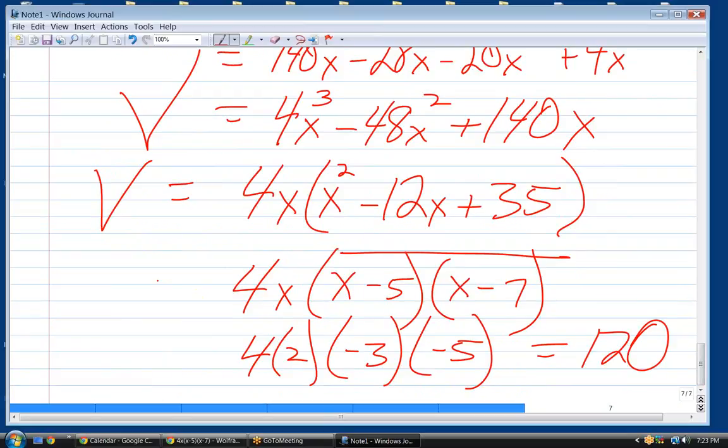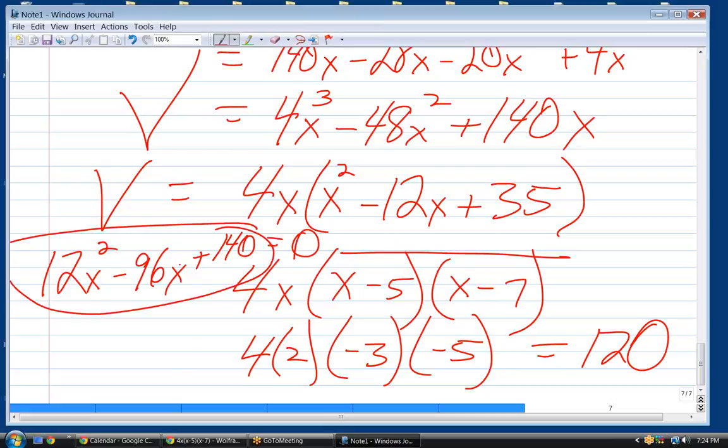It's a calculus problem, and we can certainly solve it with calculus, but you're not doing calculus yet, right? You're supposed to be able to solve this with pre-calc? Yeah. Which means you have to solve it by graphing it. It's a relatively simple calculus problem. The calculus solution: I get 12x squared minus 96x plus 140 has to equal 0, and you solve that.